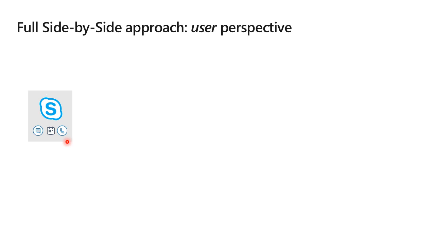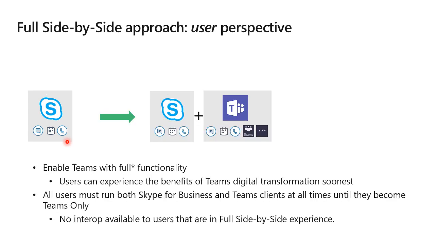Now, this could also include phone system with calling plans, for example, but they are heavily utilizing the Skype for Business application. The intent of the full side-by-side approach is, in addition to the current experience that the user has in Skype for Business, we will also introduce the Teams application with what we call full, with a little asterisk, full functionality.